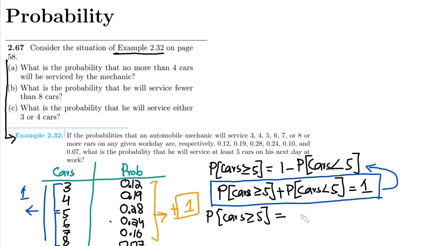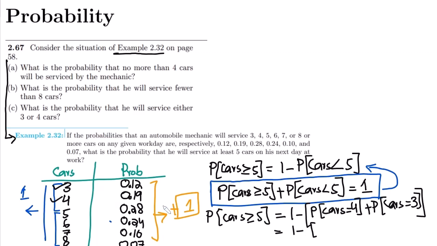So 1 minus the probability of the cars less than 5, which are the probability of the cars equal to 4 plus the probability of the cars equal to 3. Okay, so these are the two scenarios which have been mentioned here, and these are the probabilities which I already know. Putting them here, I will get what?